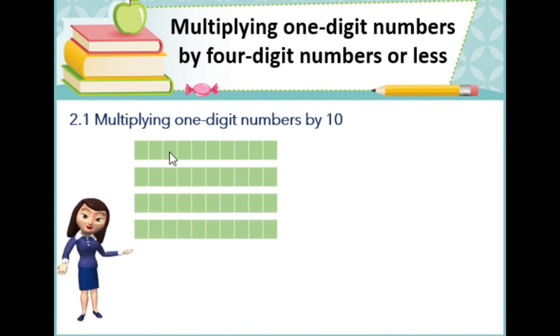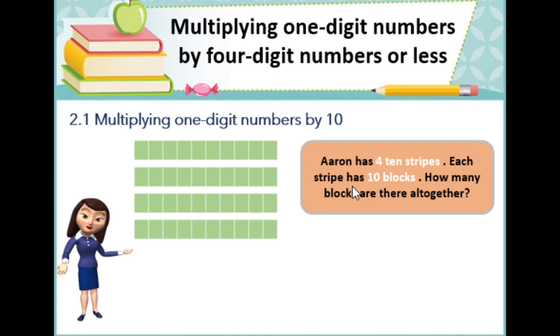1, 2, 3, 4, 5, 6, 7, 8, 9, 10. The problem here is Aaron has 4 ten stripes. Look, this is 1, 2, 3, 4. Aaron has 4 ten stripes.